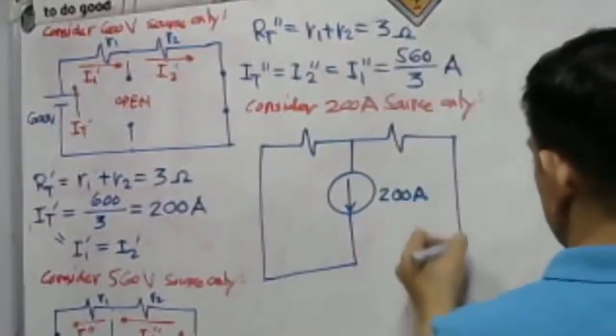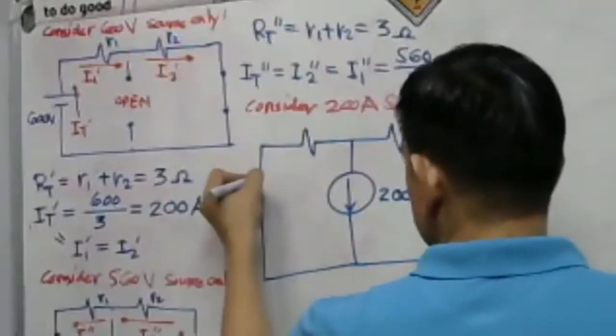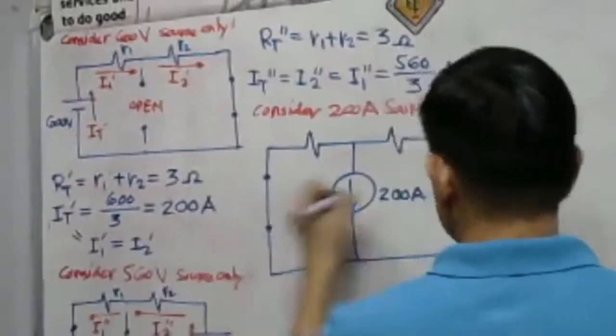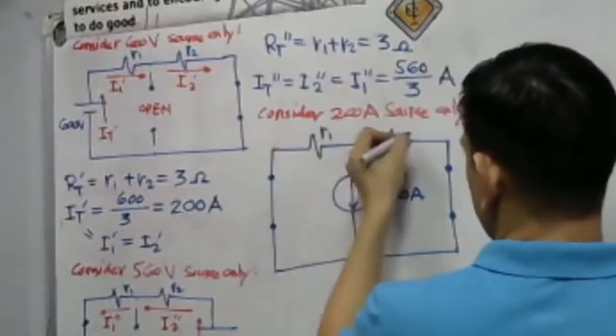That is just a short circuit. This is for 600 volts. This is for 560 volts. This is our R1. This is our R sub 2.